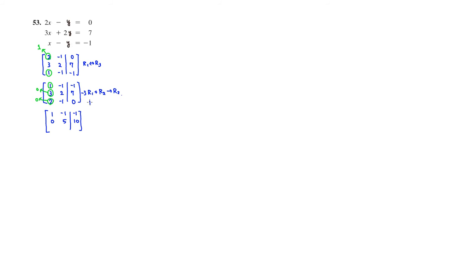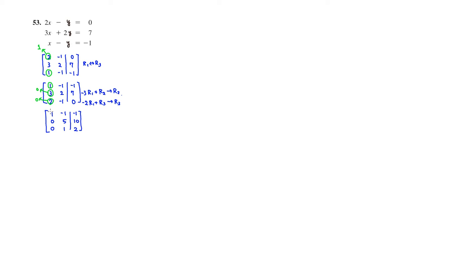So we take row 1, multiply by -2, then add it to row 3. That's going to be our new row 3. So 1 times -2 added to 2 is 0. That's what we wanted. -1 times -2, +2, added to -1 is +1. Then -1 times -2, +2, added to 0 is 2. So we got that.